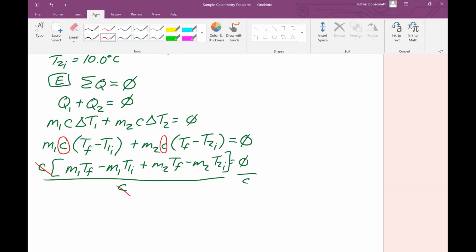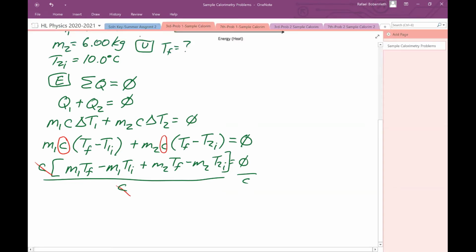Okay, and in this next step, because I don't want to keep writing over and over again, what are we solving for? We're solving for final temperature, right? So I want all the final temperatures on one side of the equation, and I want everything else on the other side. So M1 TF is going to be here, and M1 T1 initial is going to go over here.